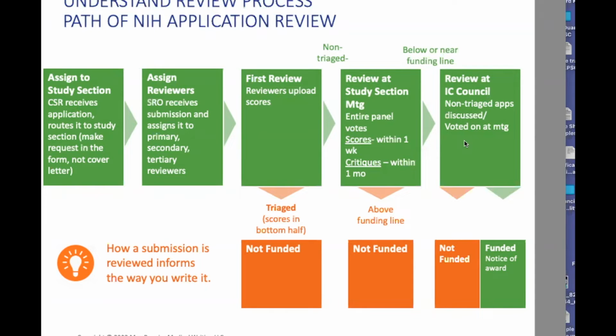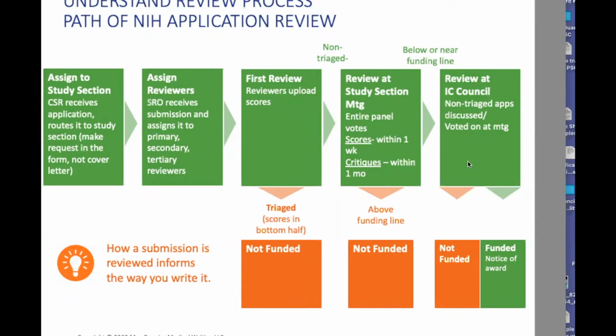One of the most important things that happens at the closed portion is a discussion of possible applications for funding. And that's where the funding decision is actually made. Council members will discuss it, usually with the program officer presenting the application at that point.